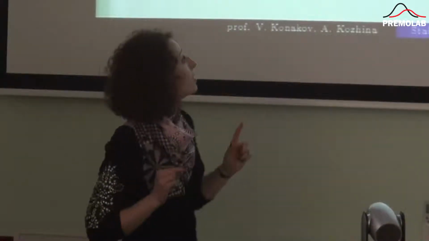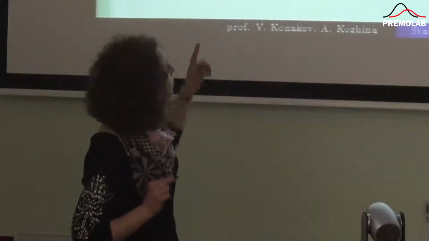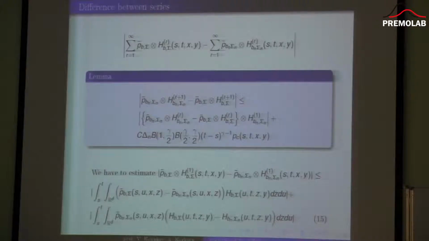So for the basic step, we have to estimate the difference between these terms. Writing it using telescopic sums, we will have this inequality, and we know the estimation for these parts. We know the estimation for the kernel function, and also for the transition density. What we want is the estimation for the difference between kernel functions.